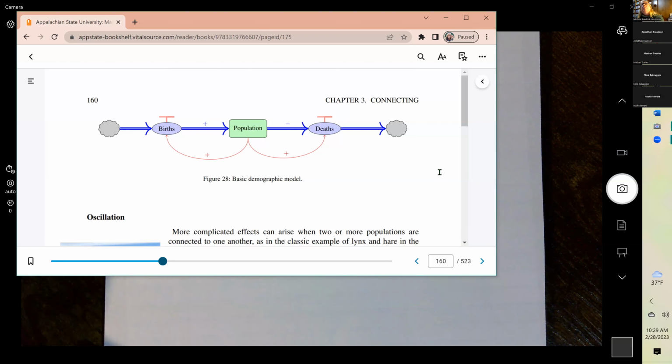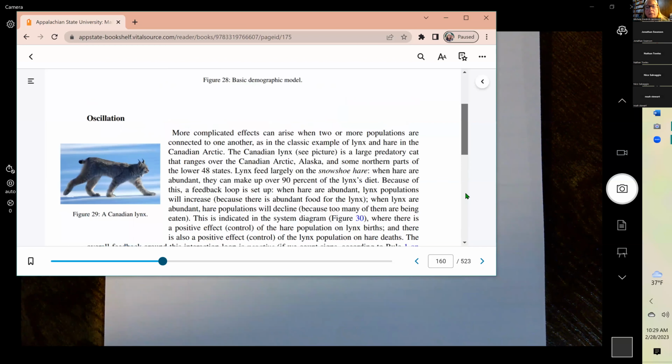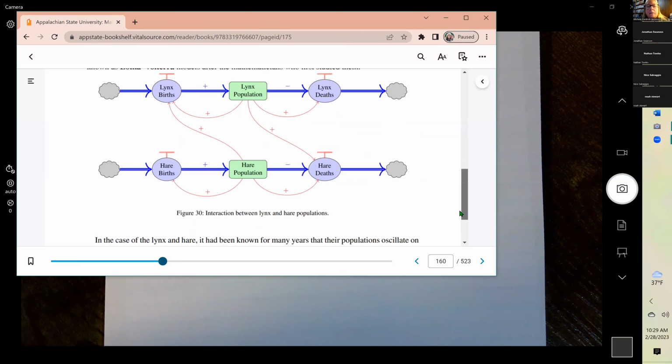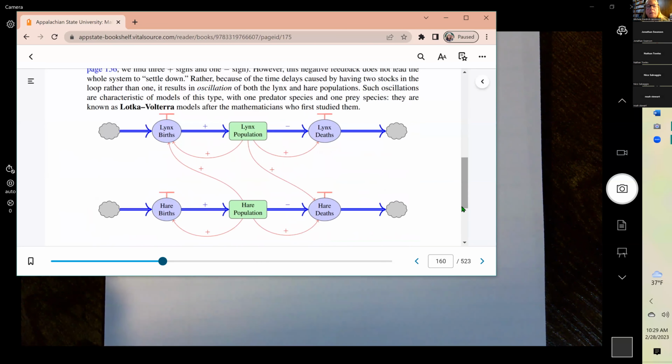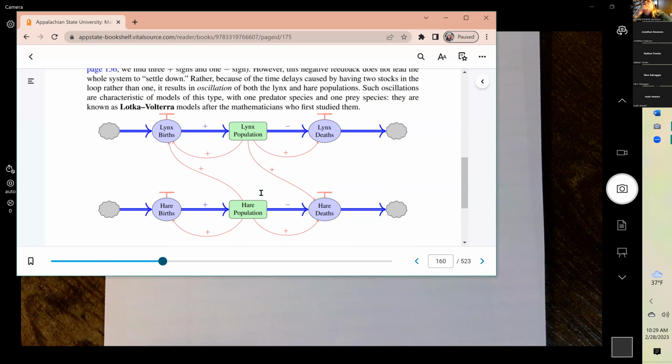Why do the lynx births decrease with hare population? 90% of the lynx food is the hare. And so if this population shrinks, then the lynx will shrink because they don't have anything to hunt. Oh, you mean this one?